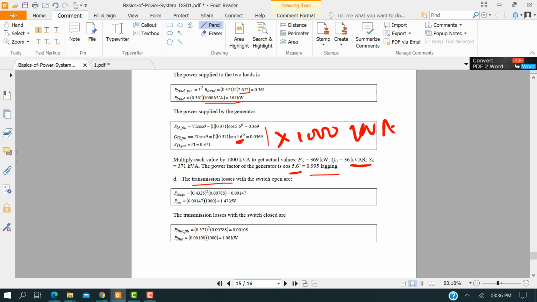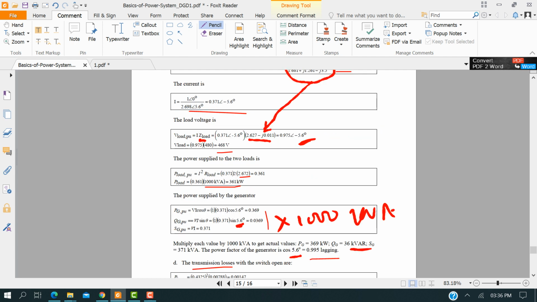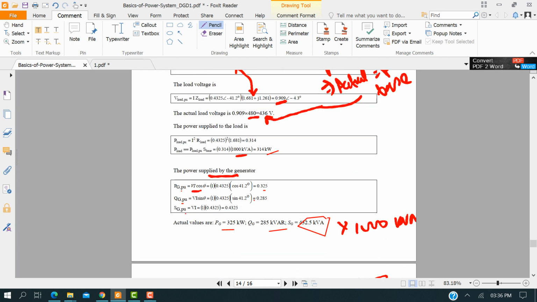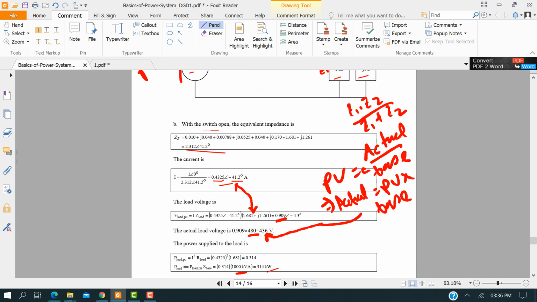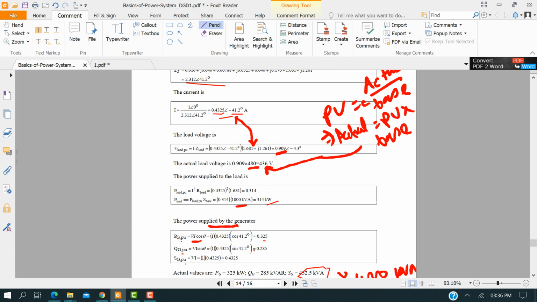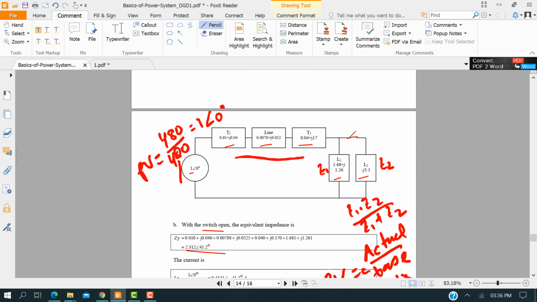So here the transmission line losses, when the switch is open, I mean load 2 is not connected, then I square R. Go back to I in the first case: when the switch is open, the value of I is 0.4325, and the value of R?